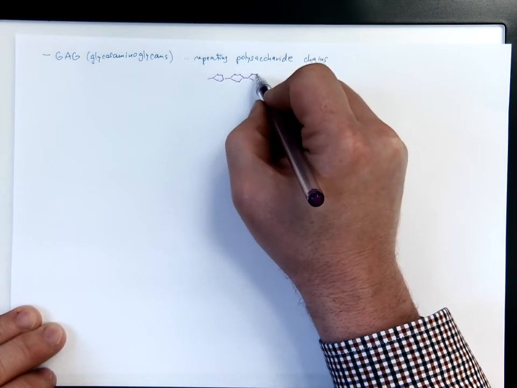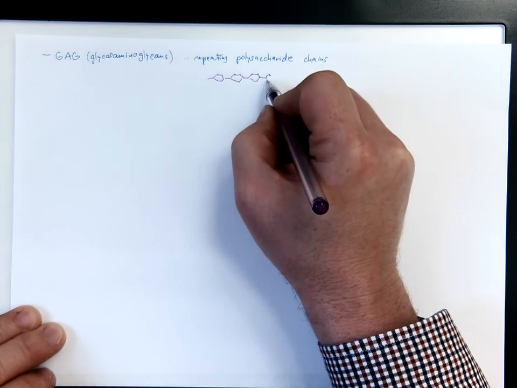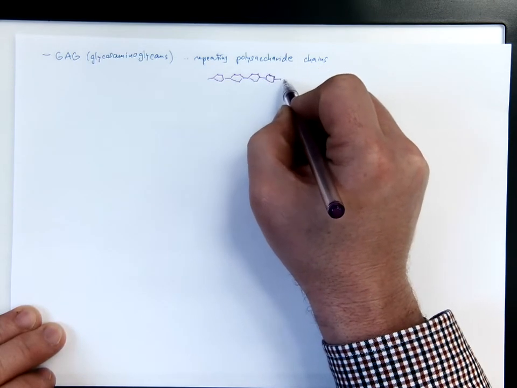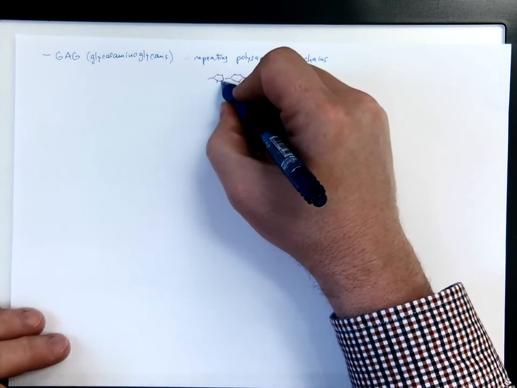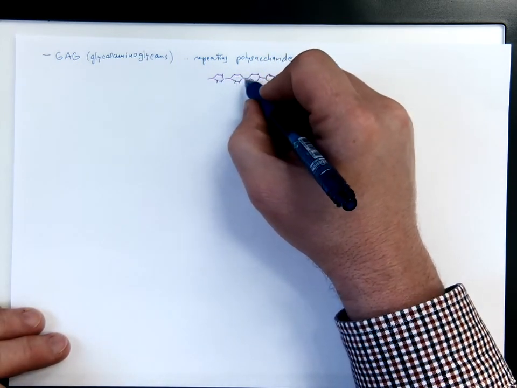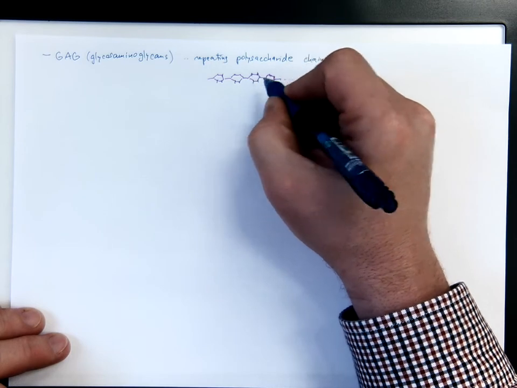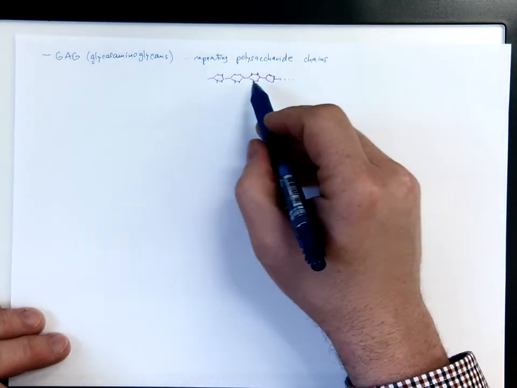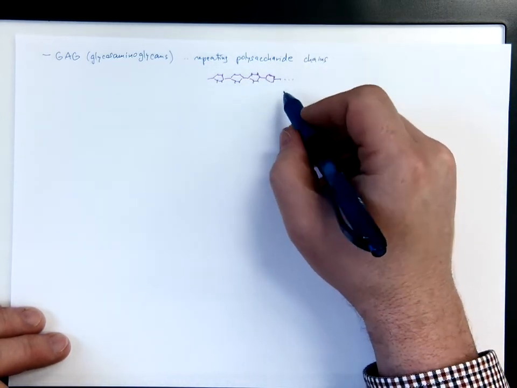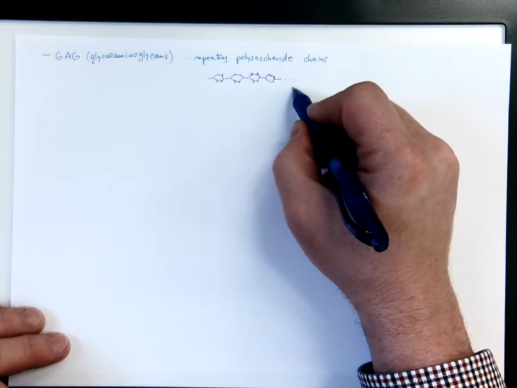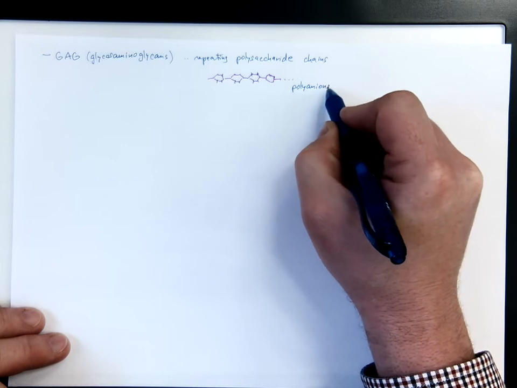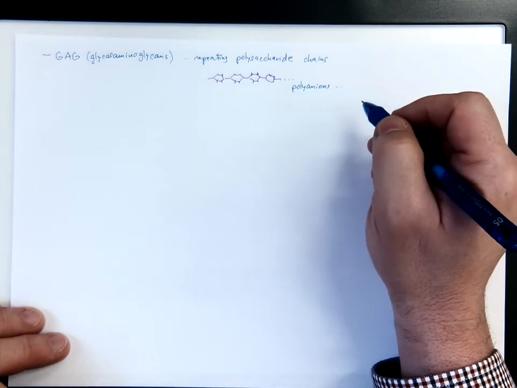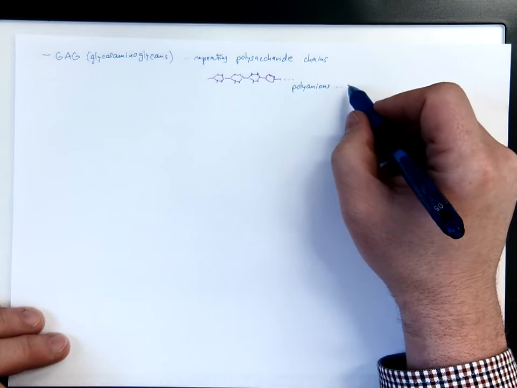The point here is that due to the presence of hydrophilic groups substituting on these chains, they act as polyanions in the tissues, being responsible for the hydrophilic properties of tissues.